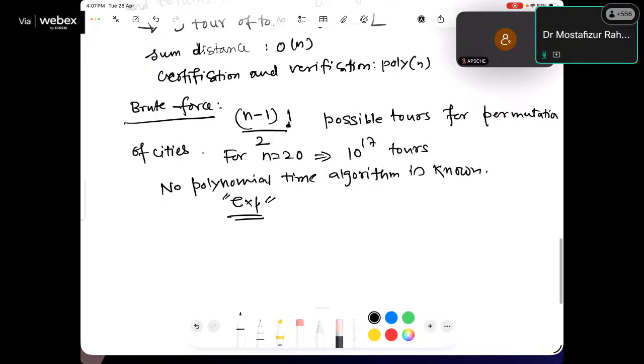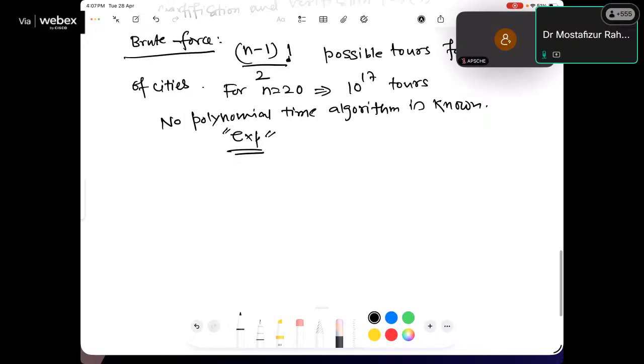So there are plenty of examples, right? Let's take one or two examples under this category. Logistics, for example. Suppose a truck has to carry LPG gas cylinders, and it has to travel to multiple cities to deliver all the cylinders.